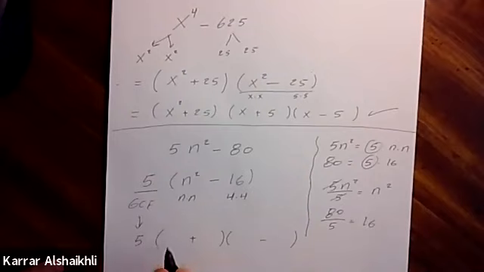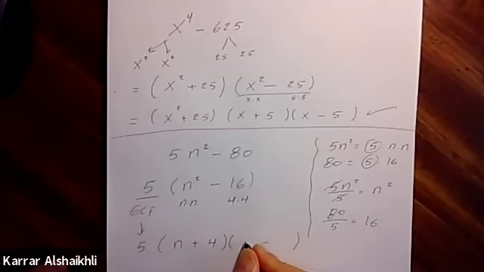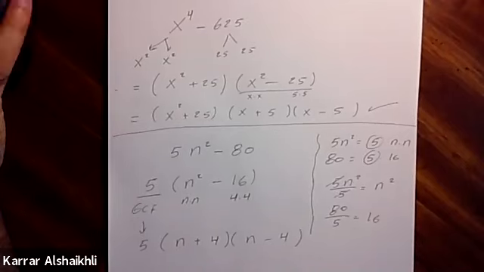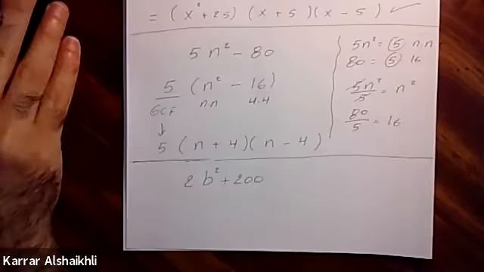What am I going to write down here? n plus 4, and here, n minus 4. Don't forget the GCF because it's a part of your solution. If you don't write down the GCF, everything is going to be wrong.